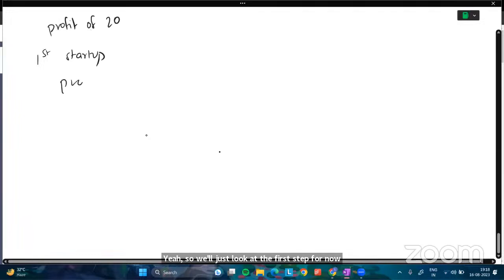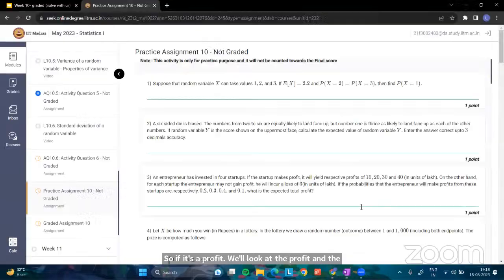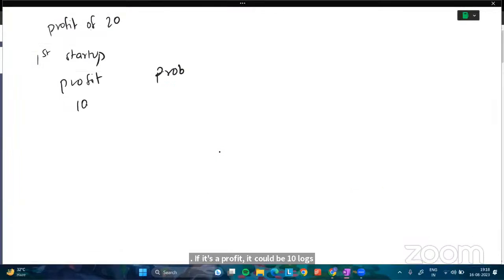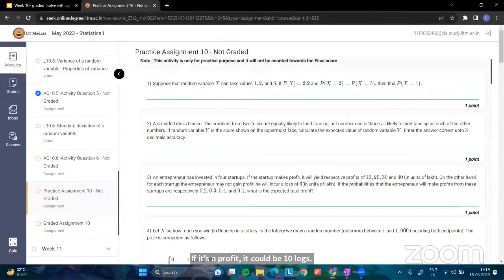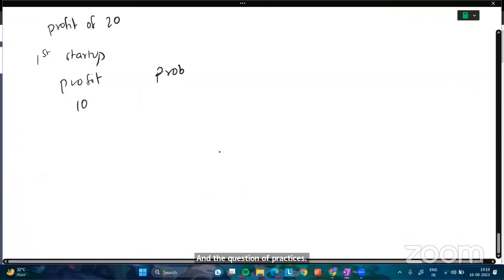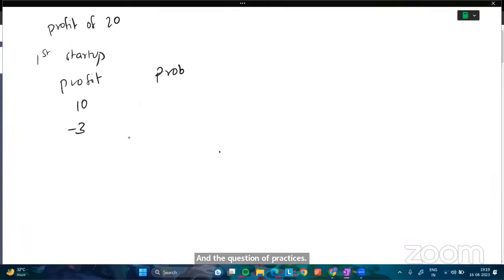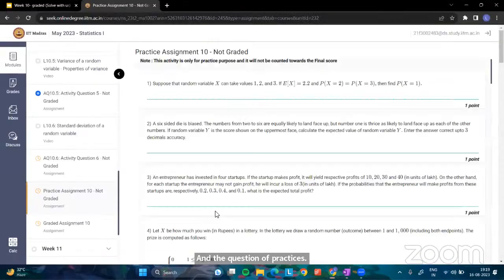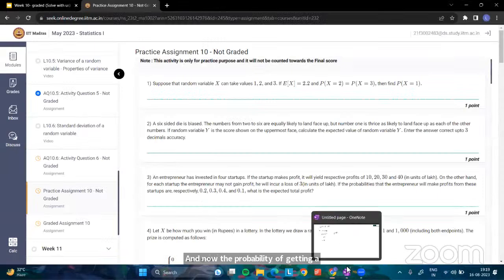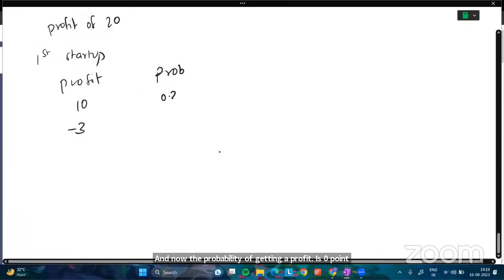If it's a profit, we'll look at the profit and the probability. If it's a profit, it could be 10 lakhs, and if it's a loss, it will be -3. The probability of getting a profit is 0.2, so profit will be 0.2 and the loss will be 0.8.